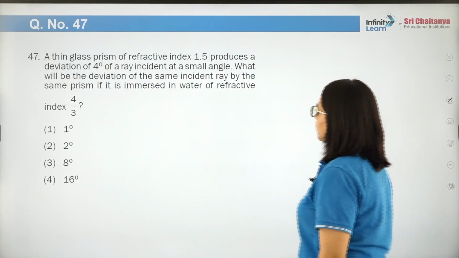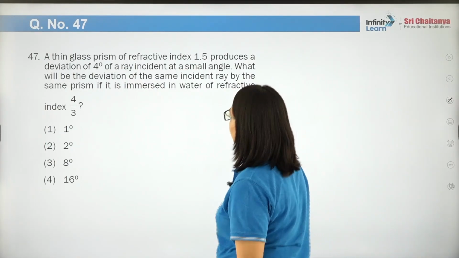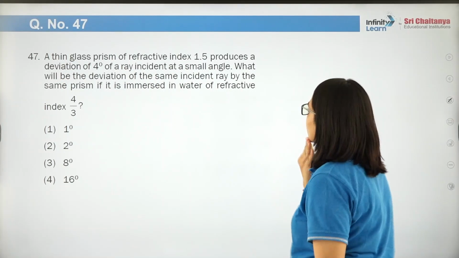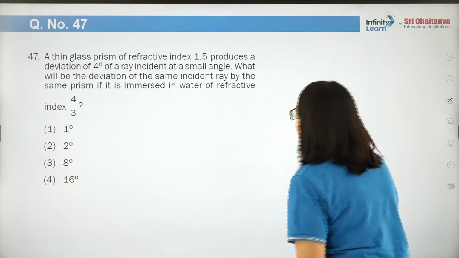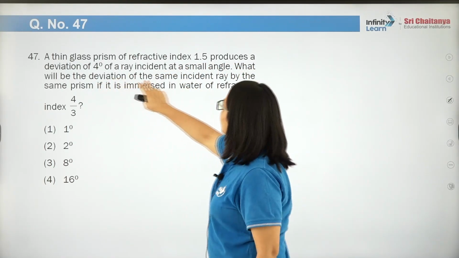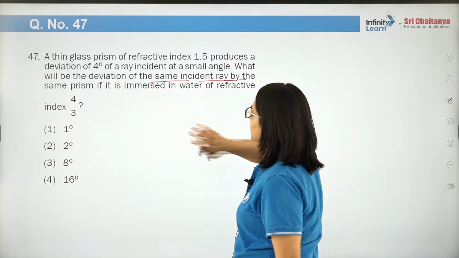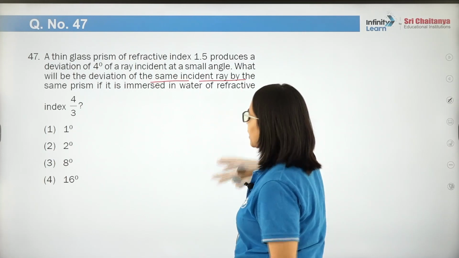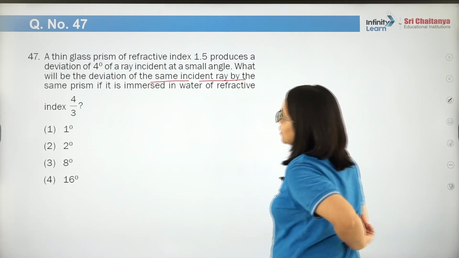Question number 47. We have a thin glass prism of refractive index mu which produces a deviation of 4 degree of a ray incident at a small angle. What will be the deviation of the same incident ray by the same prism if it is immersed in water of refractive index 4/3?